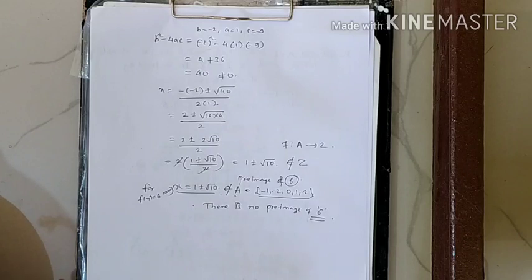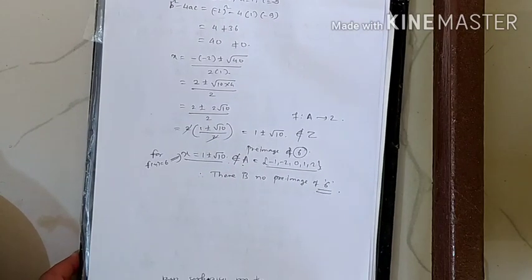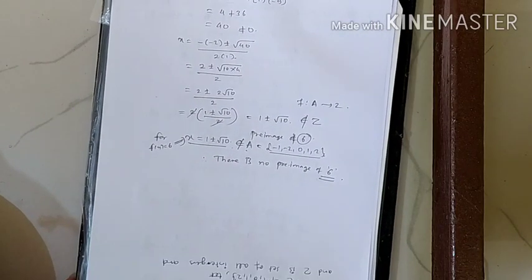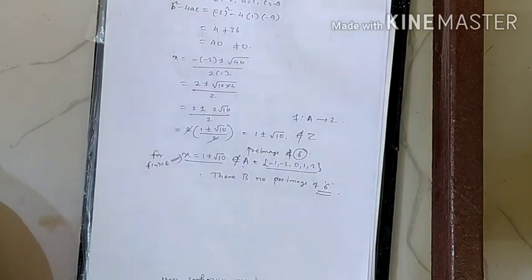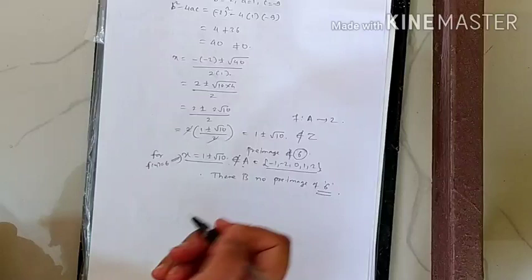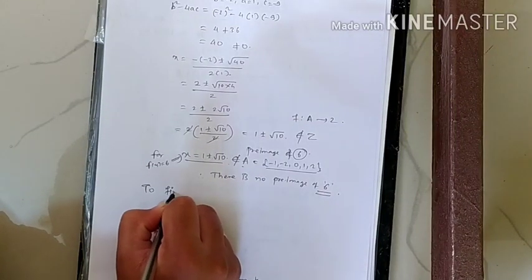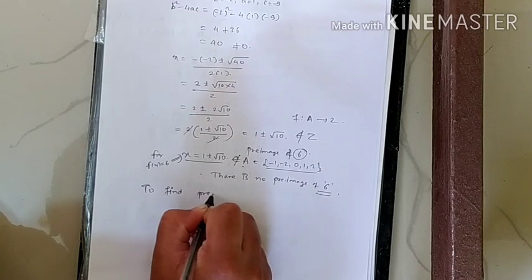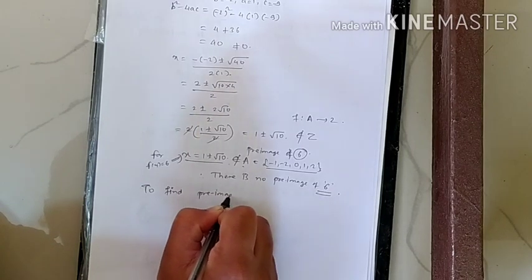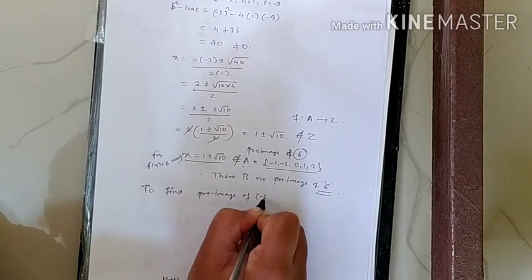Now we have to find the pre-image of minus 3.